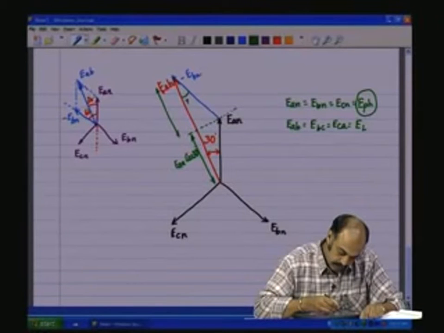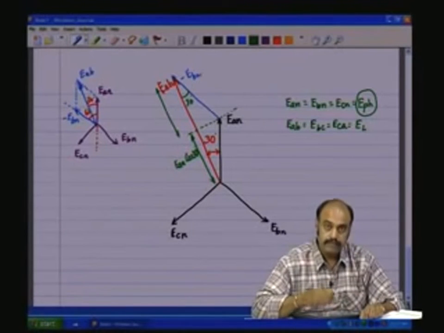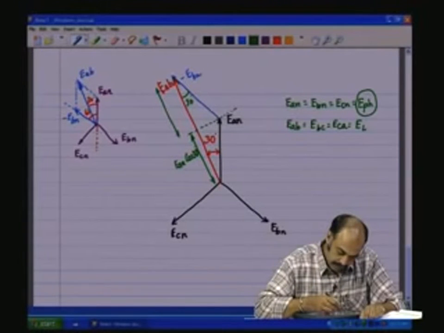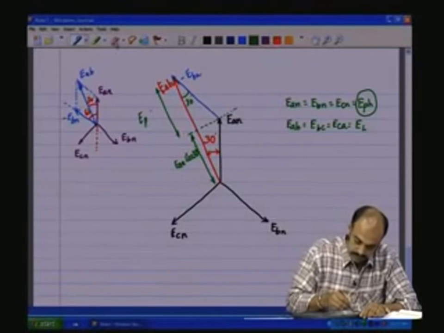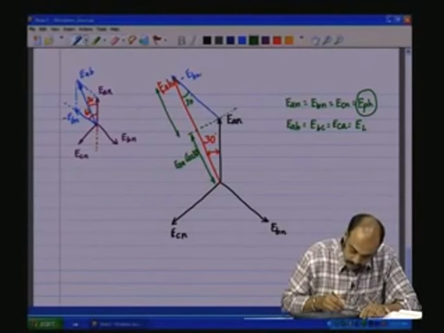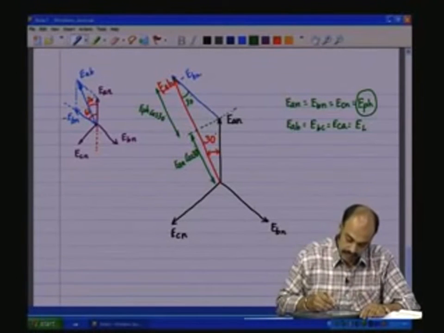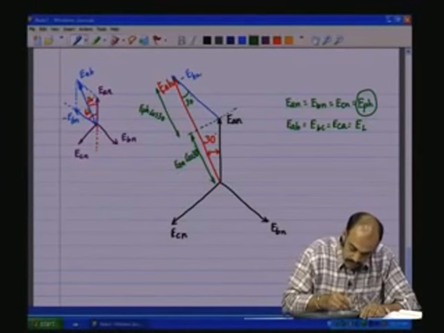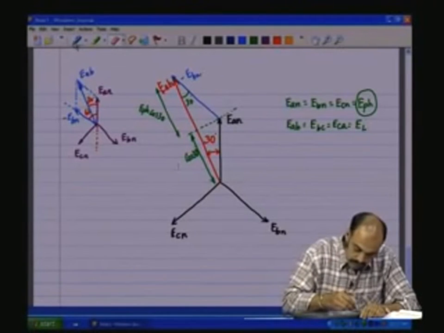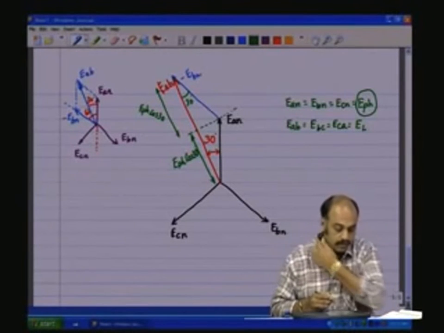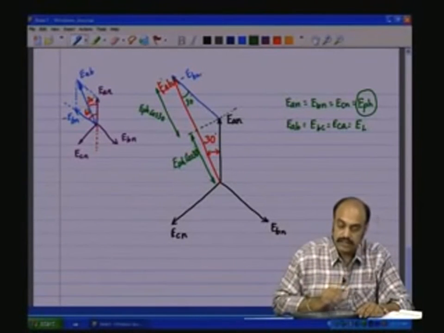This again is also 30 degrees, because this is an isosceles triangle, and this amplitude will be E phase cos 30 degrees, and this EAN can also be written in terms of a common variable E phase. So, E phase cos 30 plus E phase cos 30 will be EAB.